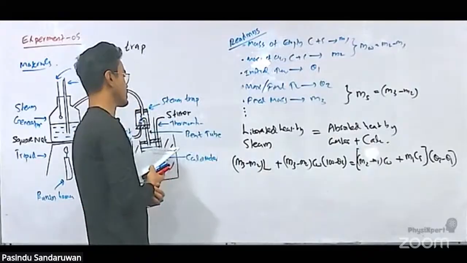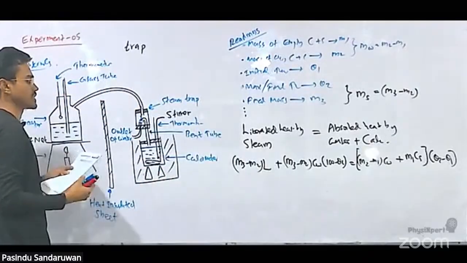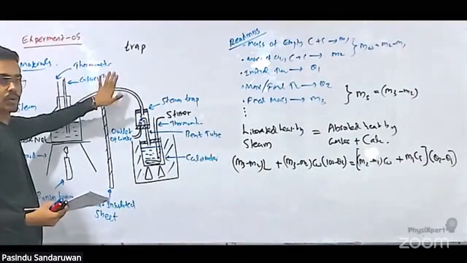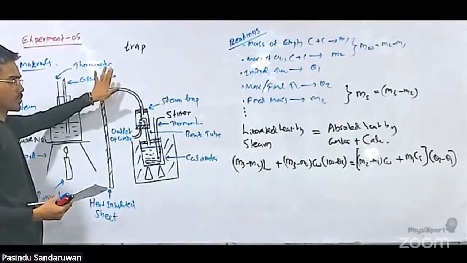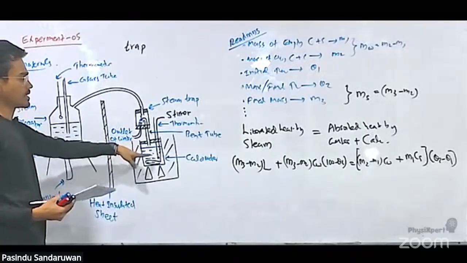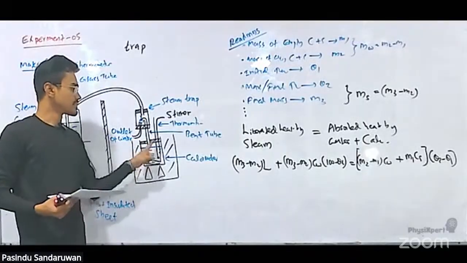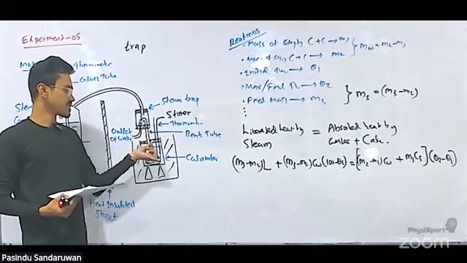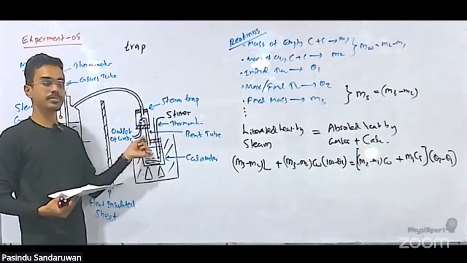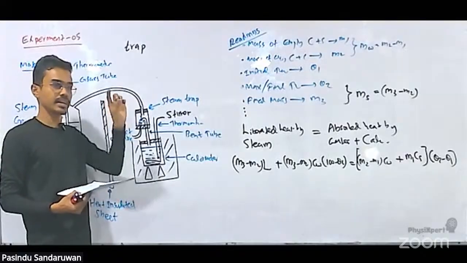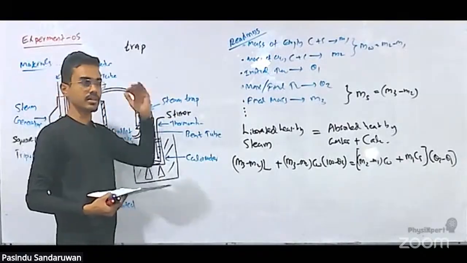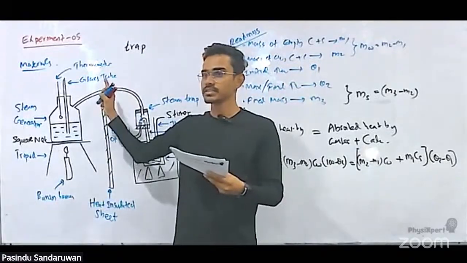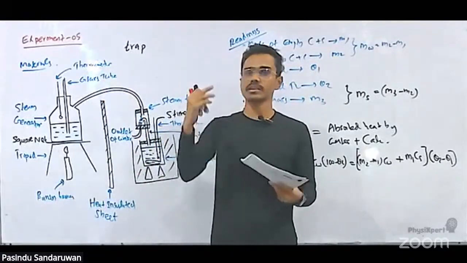Now in this one, there is something special. Even though you stop the steam right now, the temperature is not going to stay unchanged at this point, because steam that has already come into the calorimeter still has to mix. Even though this is disconnected, the temperature of the calorimeter rises.